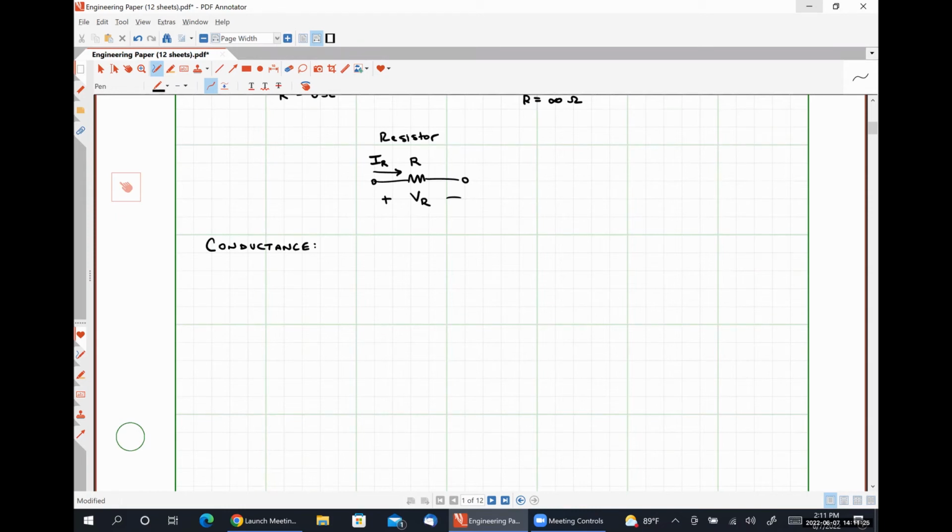So conductance is G, and it is simply the reciprocal of resistance, or the ratio of current to voltage through a particular medium.